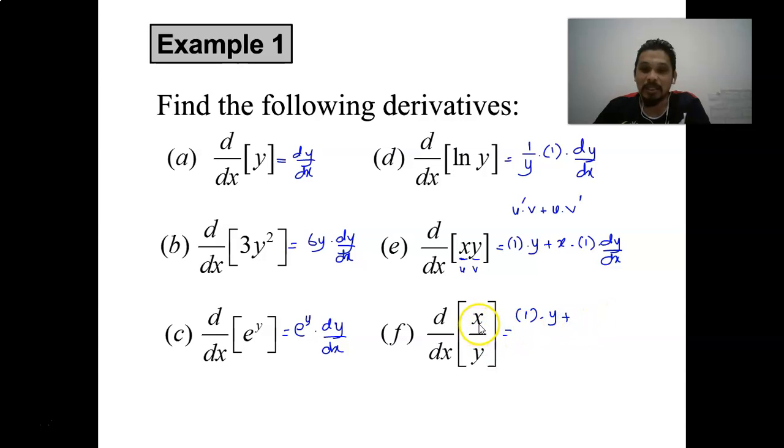Minus, then just now we differentiated x, so now it's time for us to write down x and derive the y equal to 1. And because we derive y with respect to x, we come up with dy/dx. And everything divided by y squared.